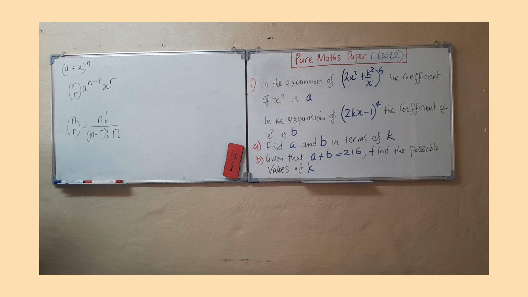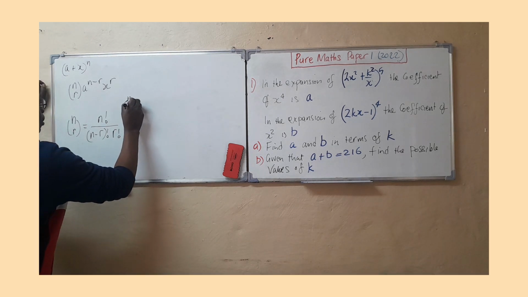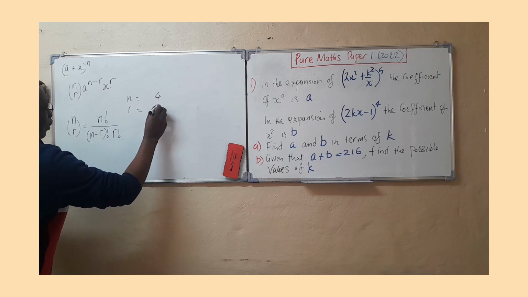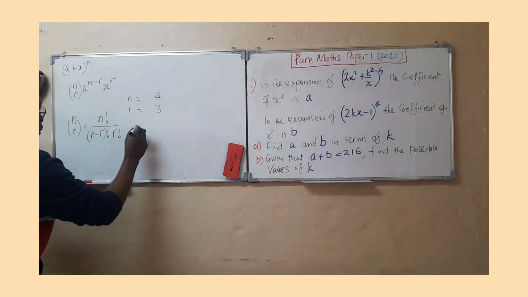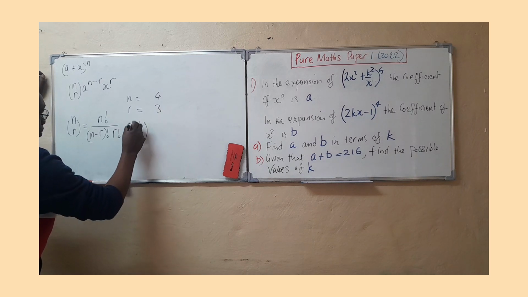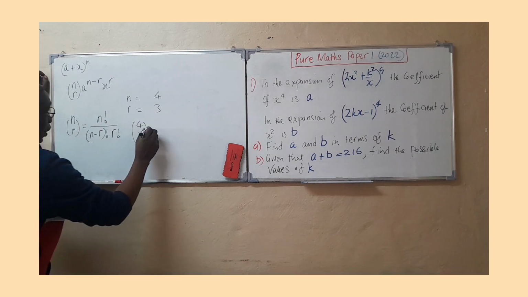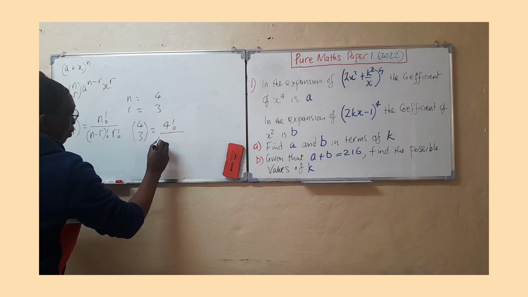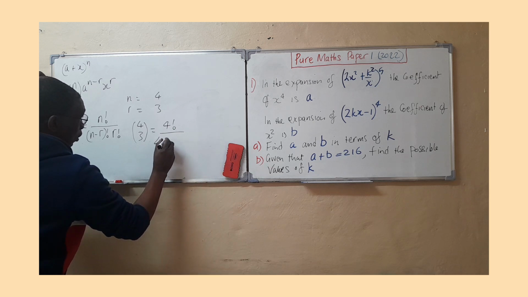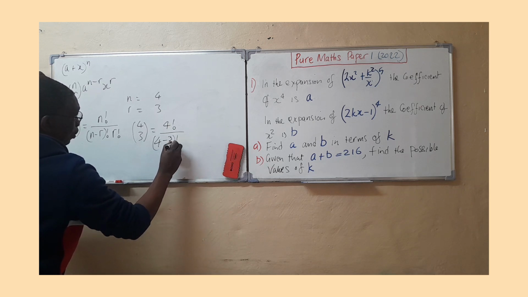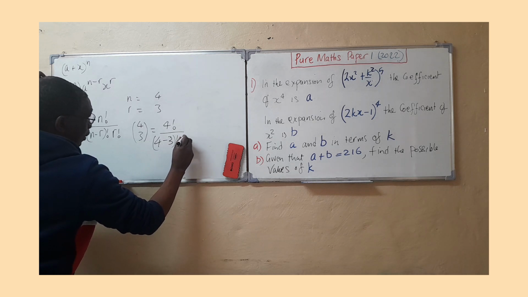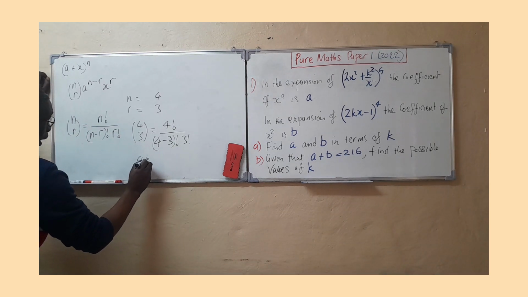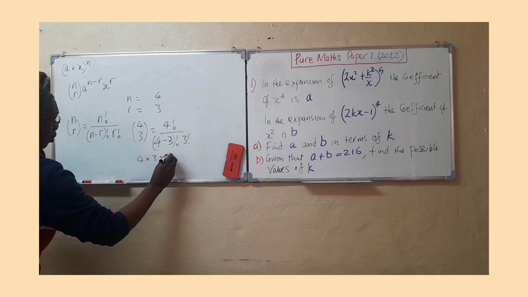What does that mean in practice? For example, if n is equal to 4 and r is equal to 3, then n choose r will be 4 choose 3. Remember, this is not a fraction, it's notation. This would mean 4 factorial divided by (4 minus 3) factorial and 3 factorial down here, which of course is 4 times 3 times 2 times 1.